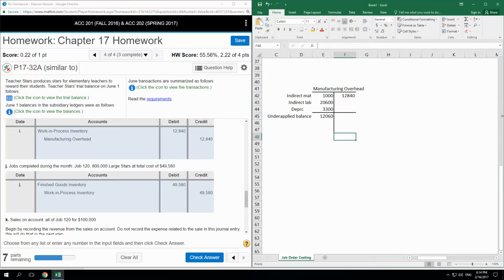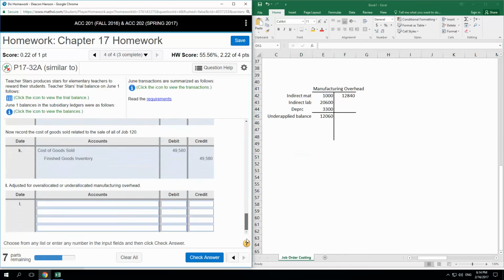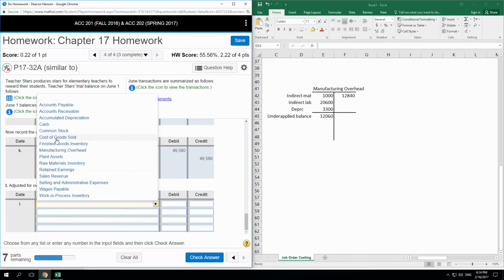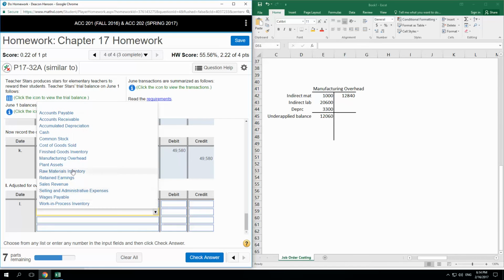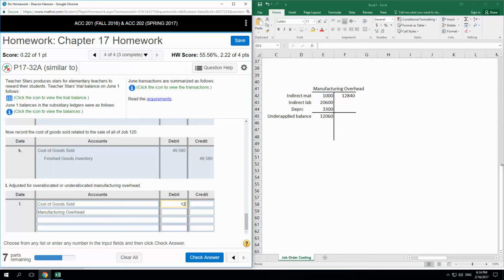I'll do the entry right in our MyAccountingLab field: debit cost of goods sold, and credit manufacturing overhead for $12,060. When I post this entry, I end up with a zero balance, and that's how we dispose of that overhead amount.